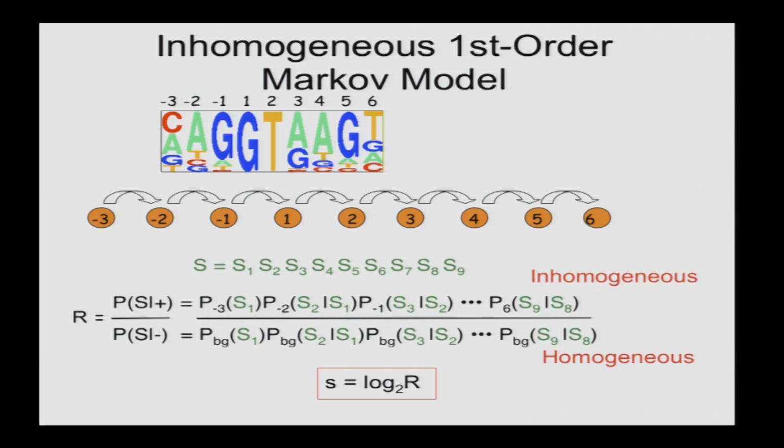Okay? And so the probability of generating a particular sequence, S1 to S9, is now given by this expression here, where for every base after the first, you have a conditional probability. This is the conditional probability of seeing the base S2 at position minus 2, given that you saw S1 at position minus 3, and so forth. Okay? And again, you can take the log for convenience if you like.